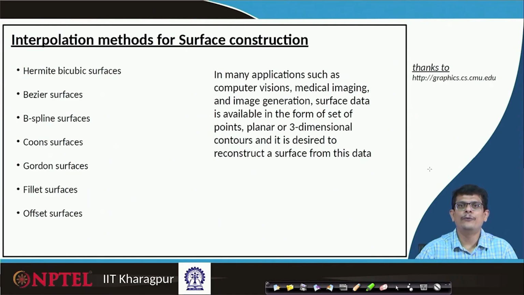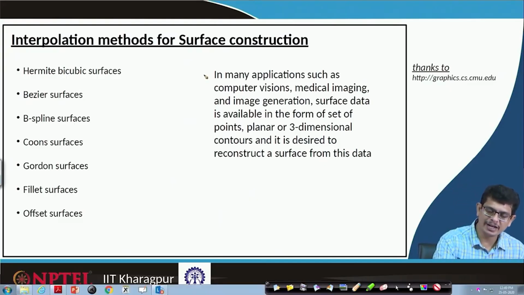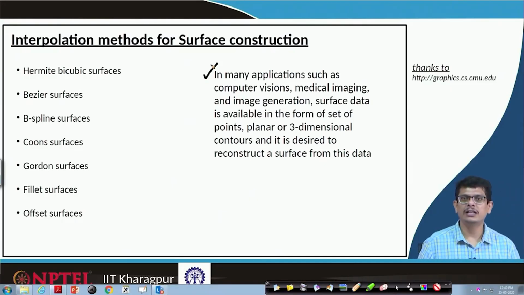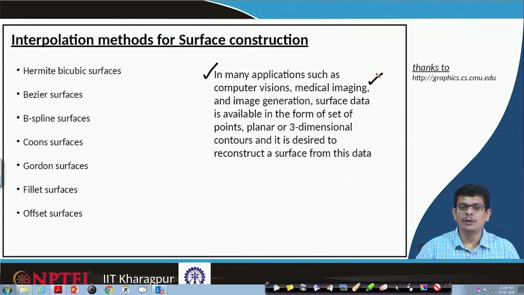Now, where do we use such kinds of surfaces? Are there any better ways of representing these surfaces? In many applications, like computer vision, constructing 3-dimensional models, or perhaps medical imaging, you would like to construct 3-dimensional pictures from different views.